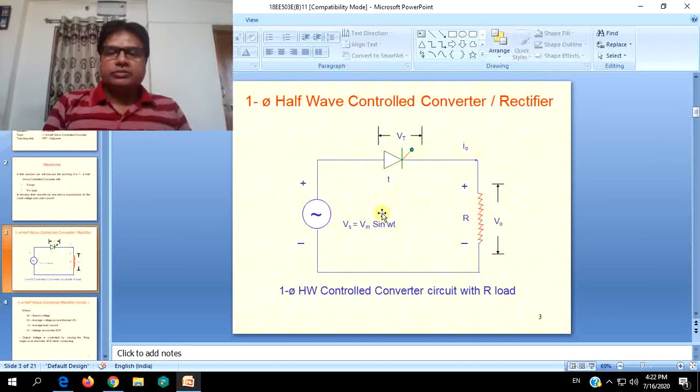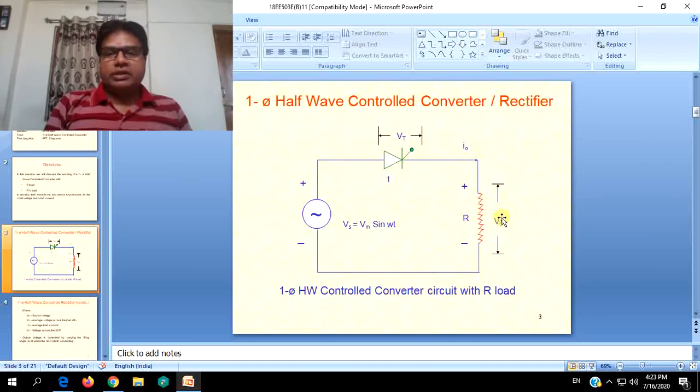In this case, we have connected an SCR in series with the load, and the voltage across the SCR is designated as VT, the load current is I naught.